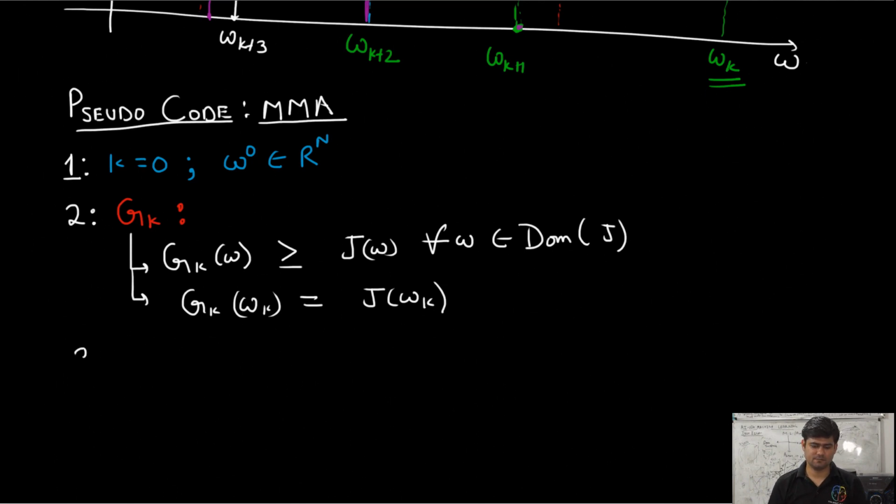Step number 3, we minimize the function gk and then we update the estimate for the parameters. So we set wk plus 1 as a minimizer. Instead of this subscript, I should have a superscript, to denote the estimate at the kth iteration.